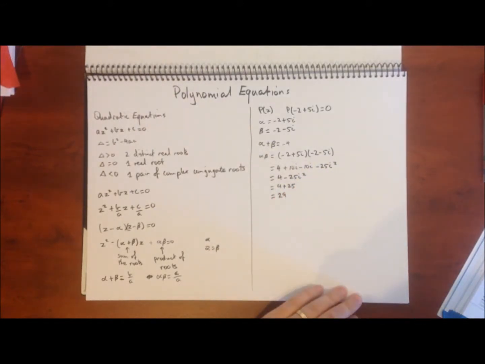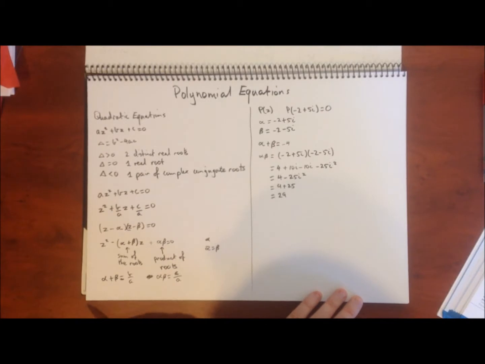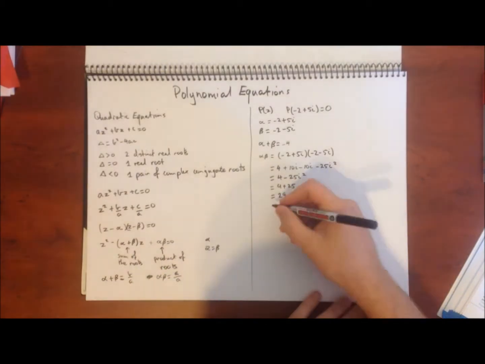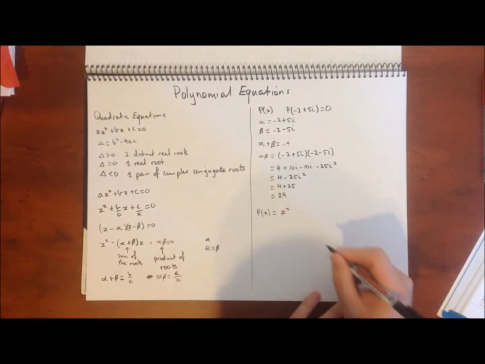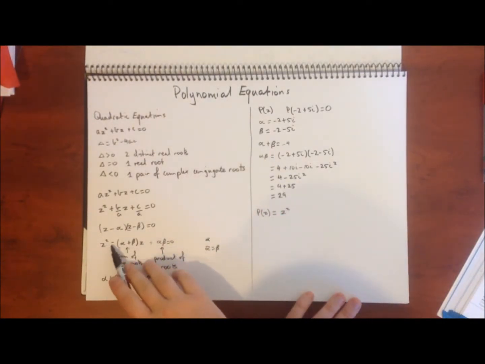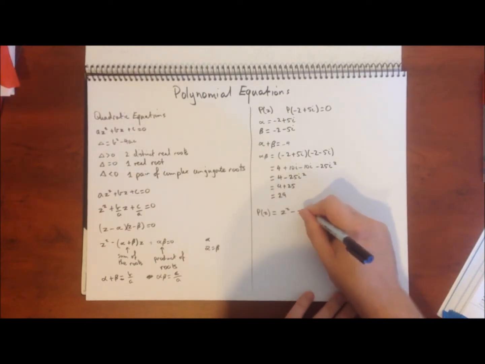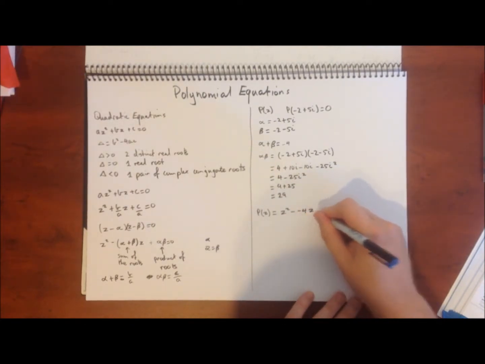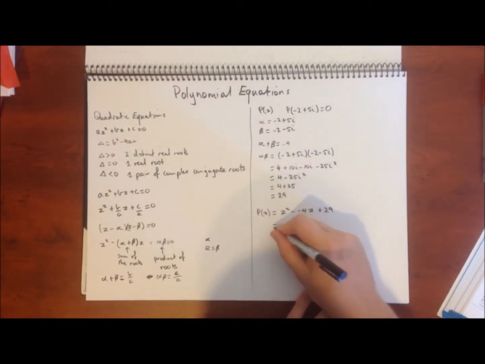Then we can put it all together, because we now know all our information up here. So p of z has to equal z squared, take away our alpha plus beta, so take away our negative 4, z, plus our alpha times beta.